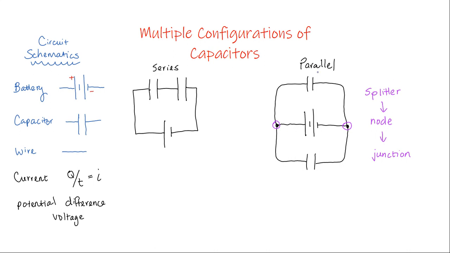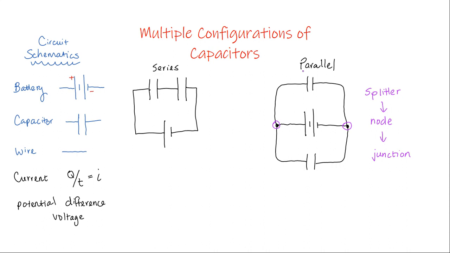So when I look at this kind of circuit, a parallel circuit, what I say is if I trace the path from one of the circuit elements to the next circuit element, which here could be the battery or could be the other capacitor, there is a node in the path between the circuit elements.